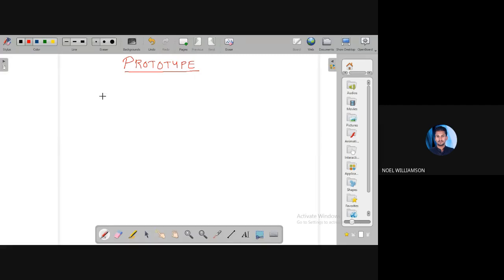Okay, and so we will see the needs. What are the main needs of a prototype test? First of all, why are we creating a prototype? You already know why. Because in order to test it before the actual manufacturing.